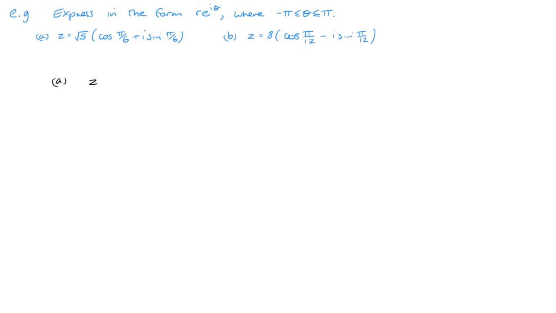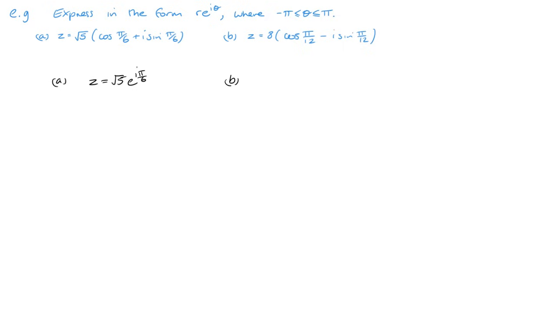So we get z equals, root 5 is my r, and I've got e to the i pi by 6, because theta is pi by 6 in both of these, and that is just set out the same. So that one's nice and easy.